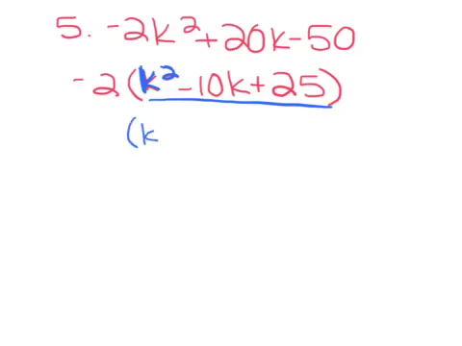So we just set this up with the regular simple factoring. 2 sets of parentheses, 2 binomials. Last term is positive, so signs are the same, and the middle term's negative, so they're both negative, right. What factors of 25 give you 10? 5 and 5.